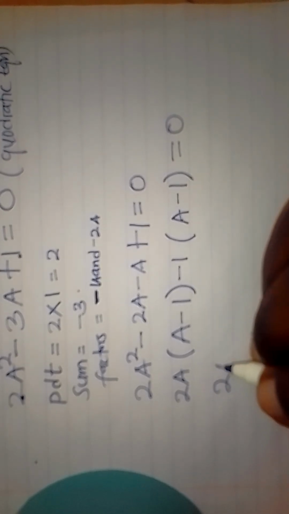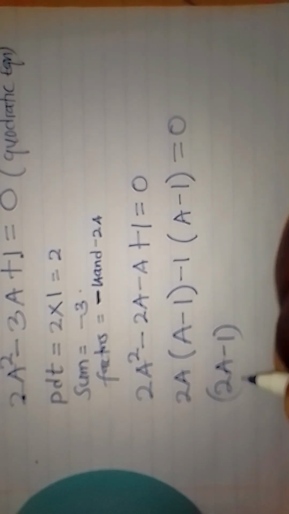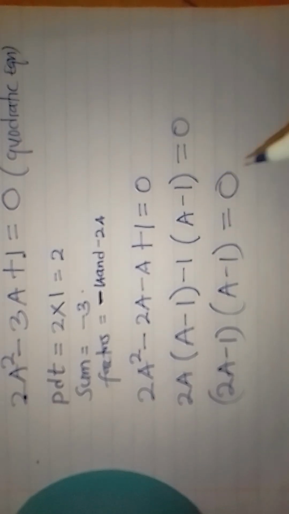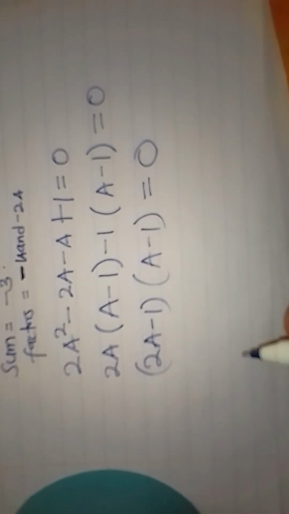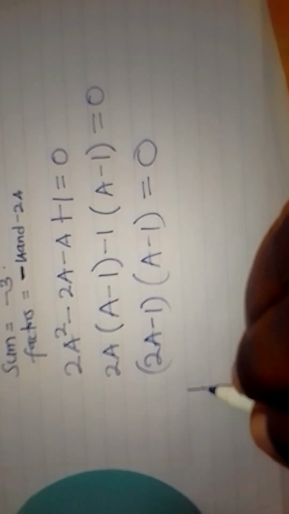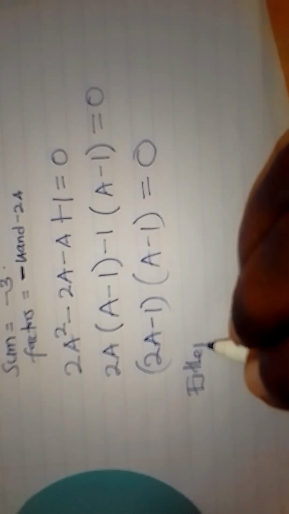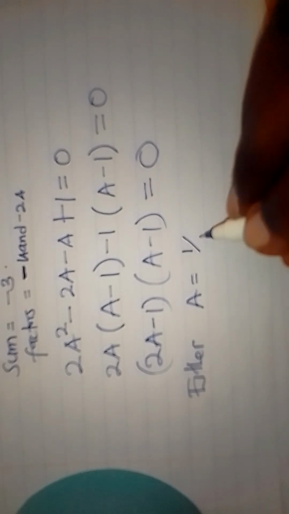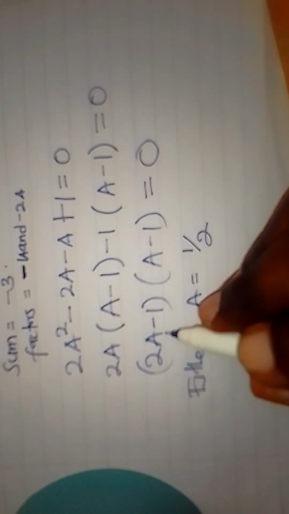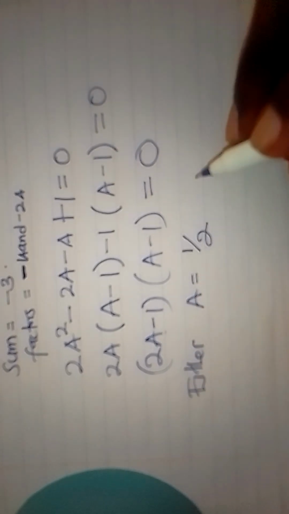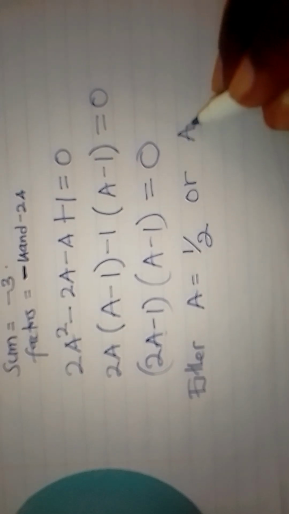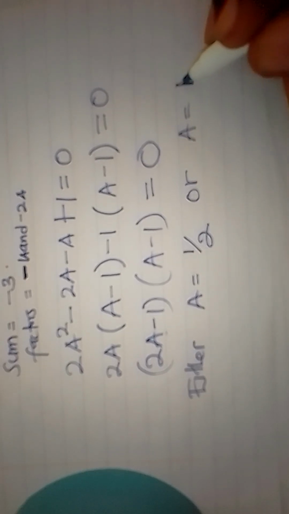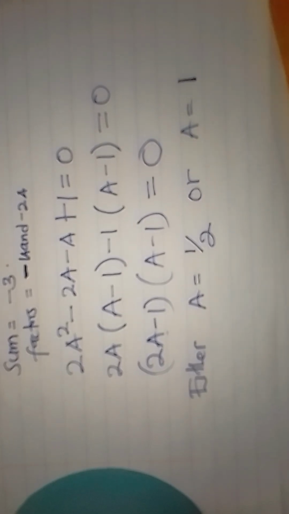So meaning 2a minus 1 times a minus 1 equals 0. And therefore, either a equals a half, by making this one 0 and then you solve for a, or a equals 1. Are we together?